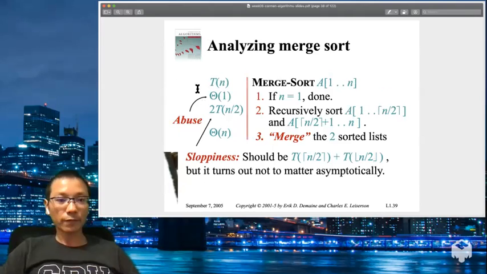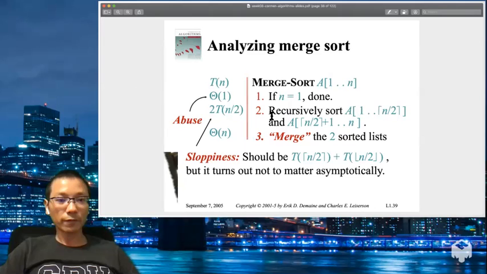So we can look at this T of n in this particular format. We'll call this a recurrence. A recurrence means that when you analyze the value of a function T of n, it is broken down and analyzed in terms of smaller input values.